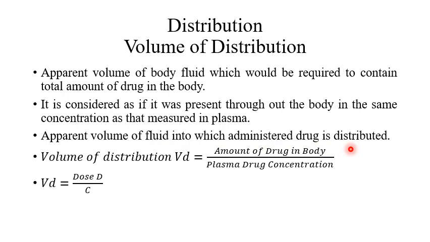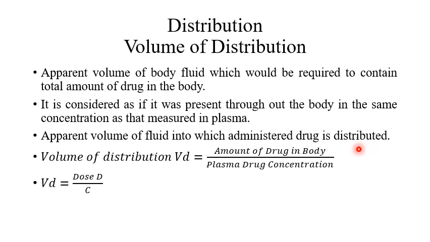So, an assumption is made that the body behaves like a homogeneous compartment with respect to drug. The apparent volume of distribution is an important parameter because it provides us an estimate of the extent or measurement of distribution of the drug in the body.